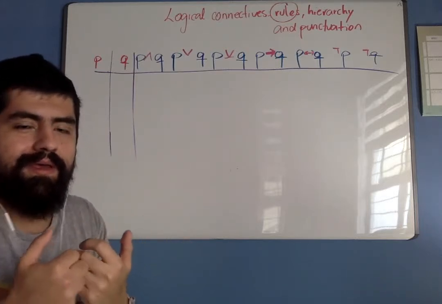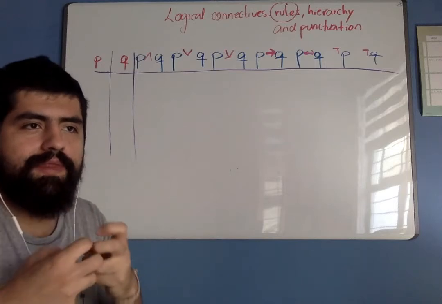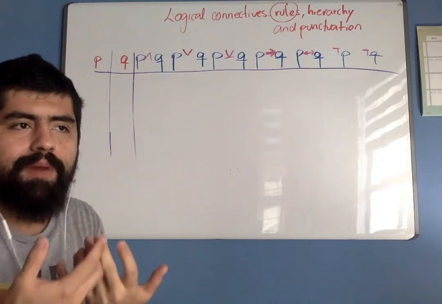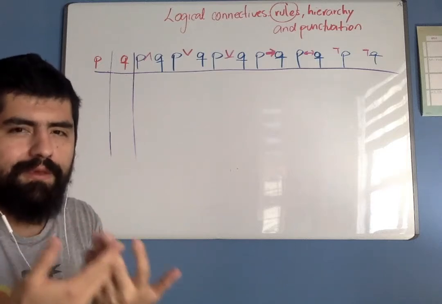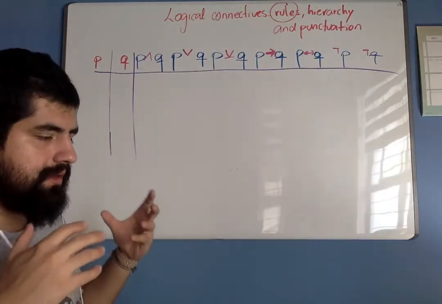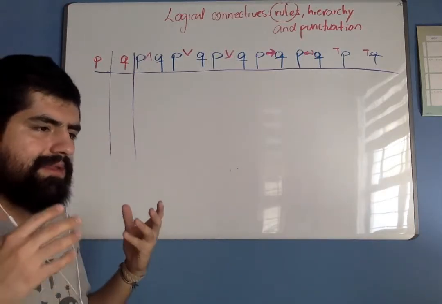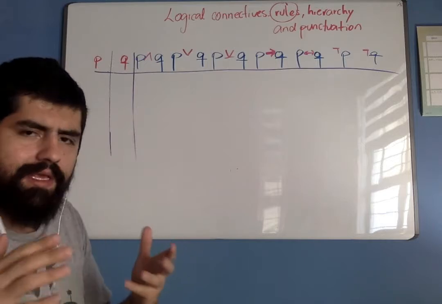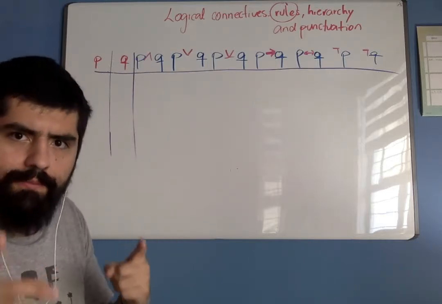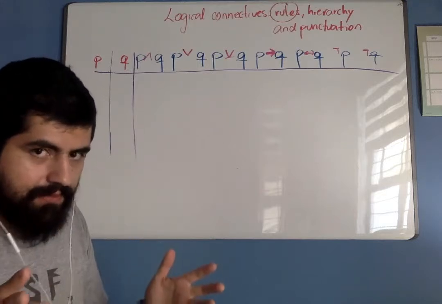In other words, in order to solve the conjunction between P and Q, I need to know the values of P and Q. In this example, I'm going to use the variables P and Q, the same as I did in the working guide that you supposedly already read. If you didn't, please go back and read the working guide.